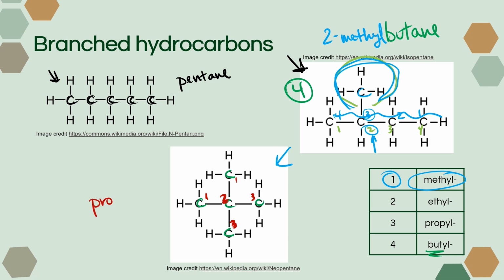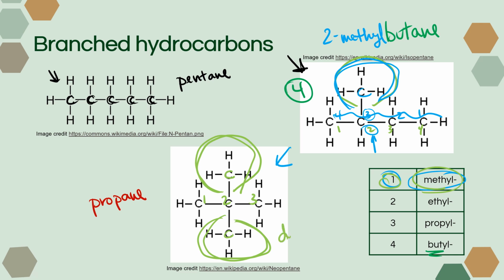So here I have propane. I'm going to count left to right because that's how I learned how to read. I have a methyl branch, methyl because it has 1 carbon in it. I also have this methyl branch. So that means that I have 2 methyl groups on carbon number 2.